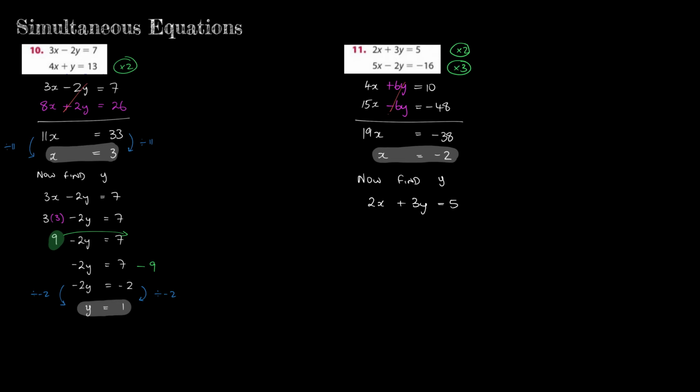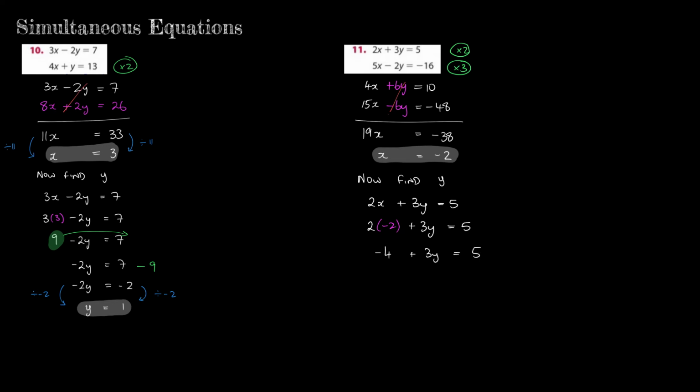And I just need to sub in the value for x, which in this case is negative 2. So 2 times negative 2 plus 3y is equal to 5. So 2 times negative 2 gives us negative 4 plus 3y equals 5.